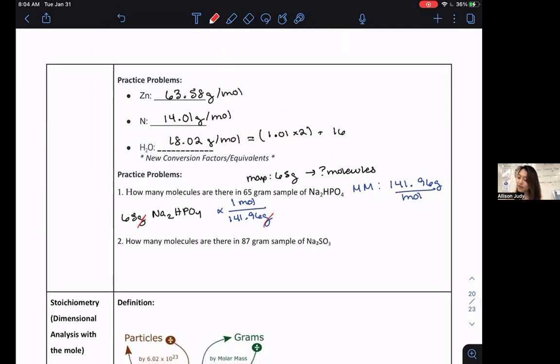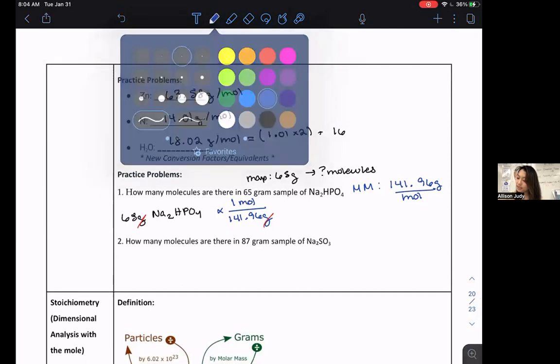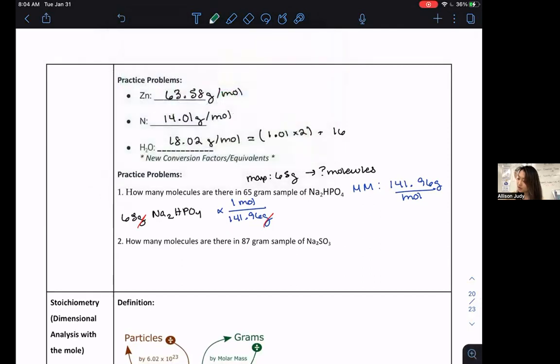But that's not where I want to end, because that's going to get me to some value in moles of Na2HPO4. But I want to be in molecules. So for the next step, now that I'm in moles, I need to figure out how to go from moles to molecules.